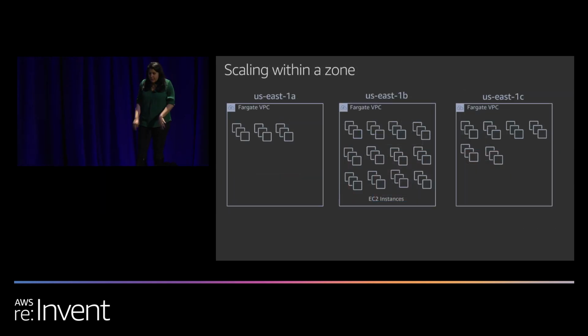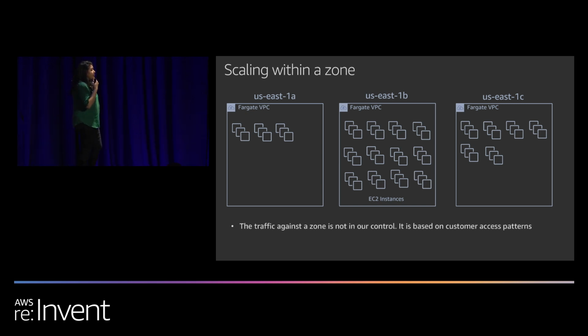So now let's zoom in one more level and take a look at the scaling story within one of these zonal VPCs. The thing about zones is that we actually don't control how large a zone can get. And by large, I mean how many tasks and thus instances we need to run in a single VPC.